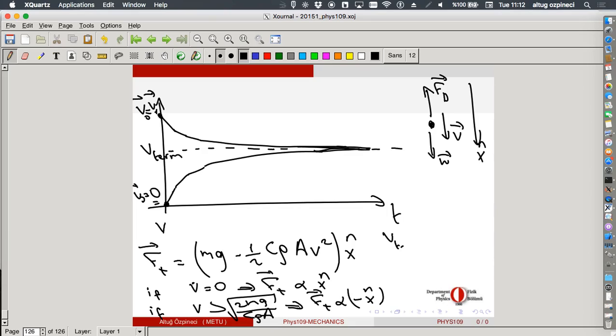Now this V term that we define as 2mg divided by c rho A, in this example, is what we call the terminal velocity.